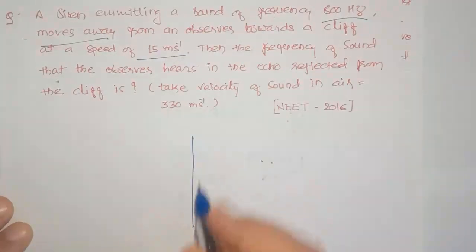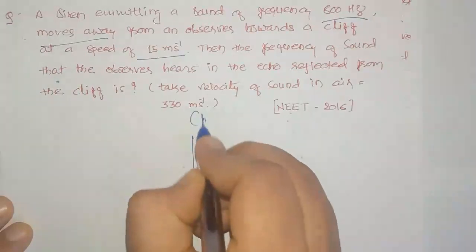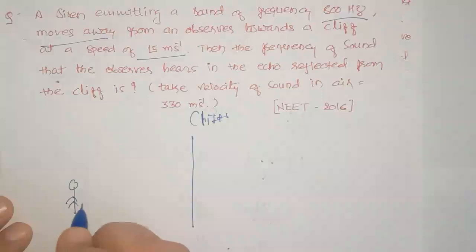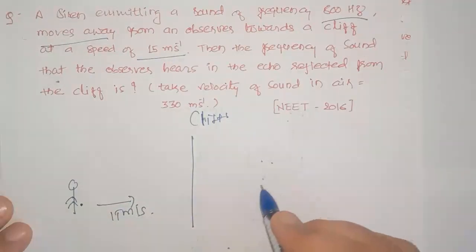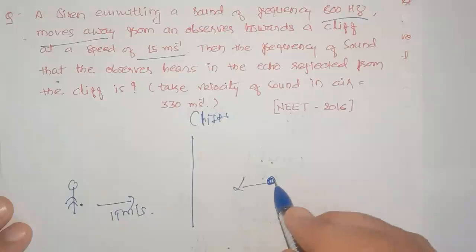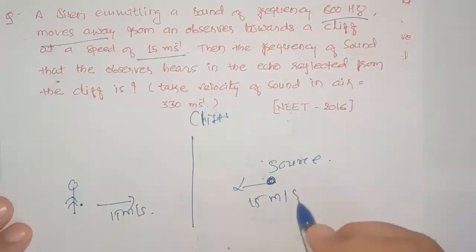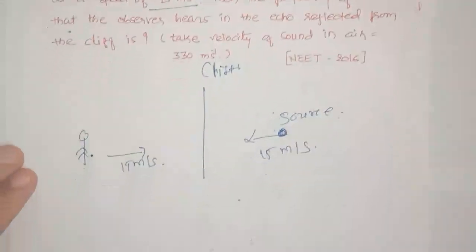Let's say this is the cliff. The observer, and the source is moving towards the cliff at 15 meters per second.